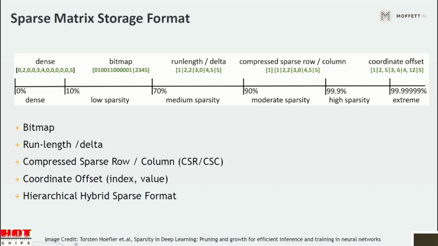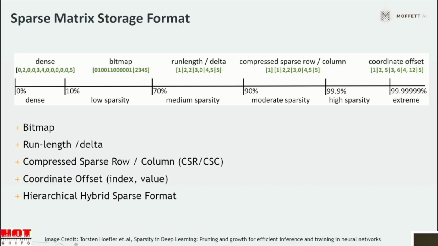So I think the sparse matrix storage format is one of the most important things to consider before we even consider designing a sparse AI accelerator. This is a very nice figure, showing the most storage-efficient way to compress or store the weight matrix for different sparsity levels.